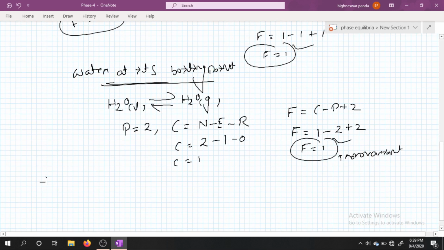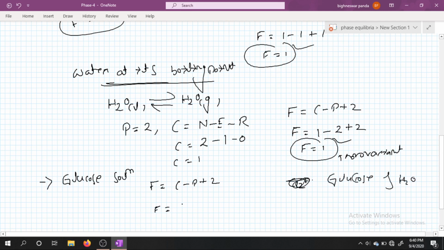If another problem is given, glucose solution, for this I have to put F is equal to C minus P plus 2. Glucose, C6H12O6, is a component, and water is a component.